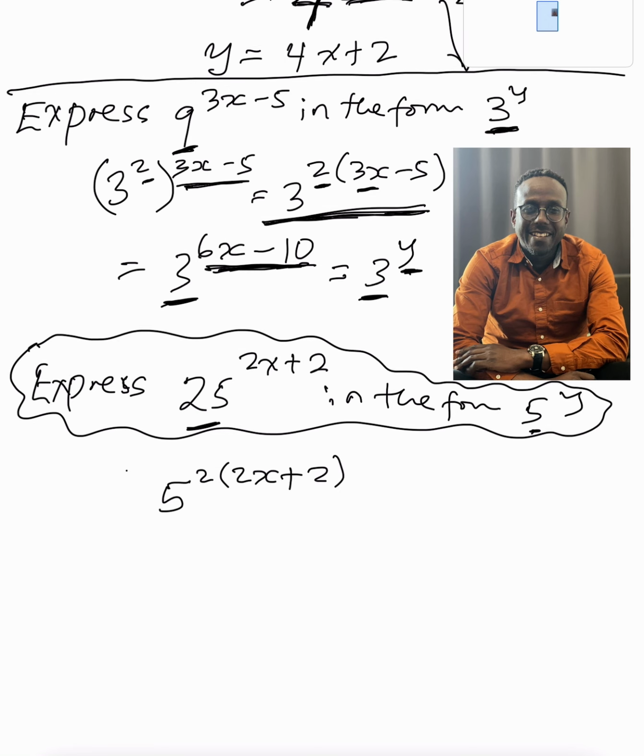Then you can open the brackets. 2 times 2x will be 5 to the power of 4x, and then 2 times 2 is plus 4. So you have written it in the form of 5 to the power of y. Guys, I hope you got this right. Now those are the common questions that are asked.